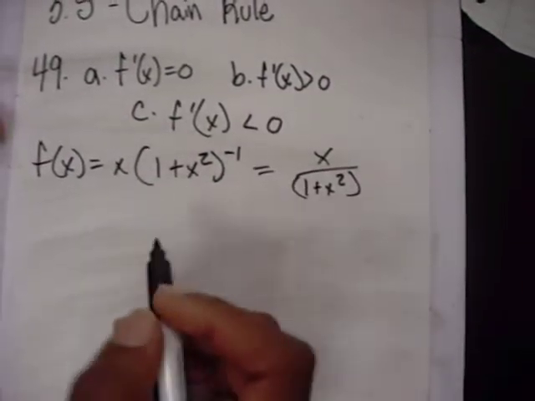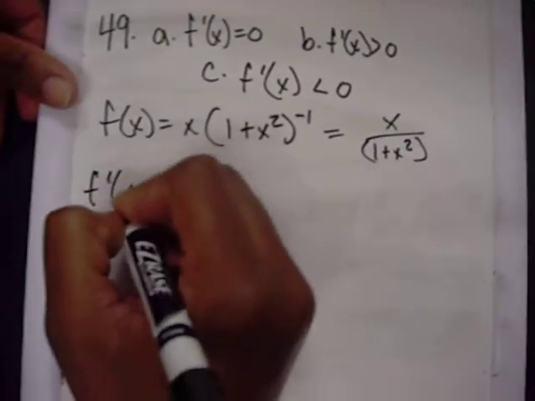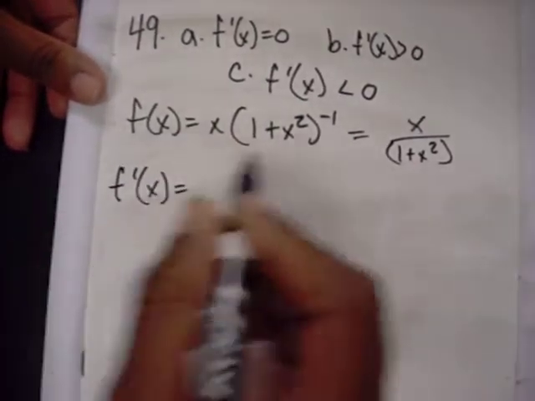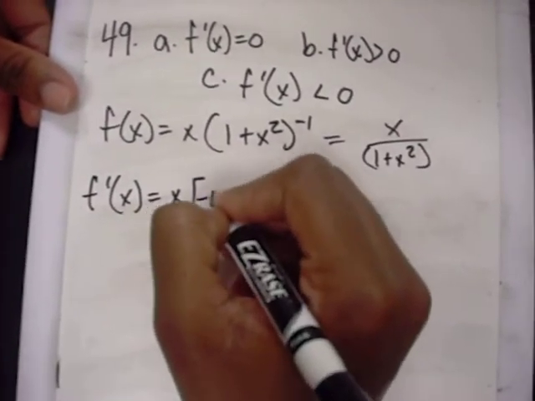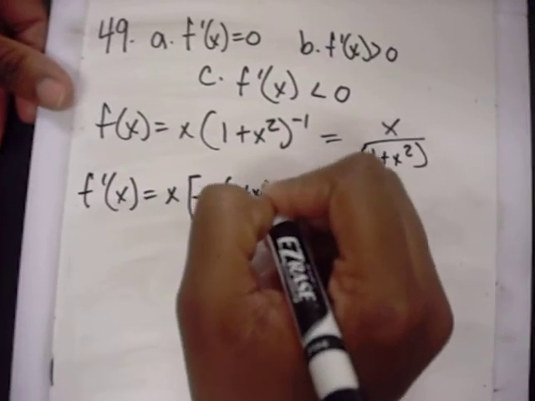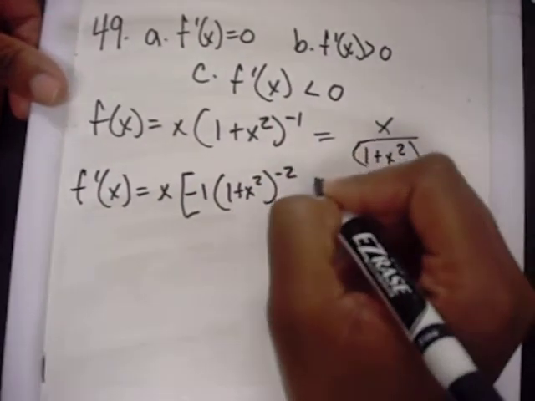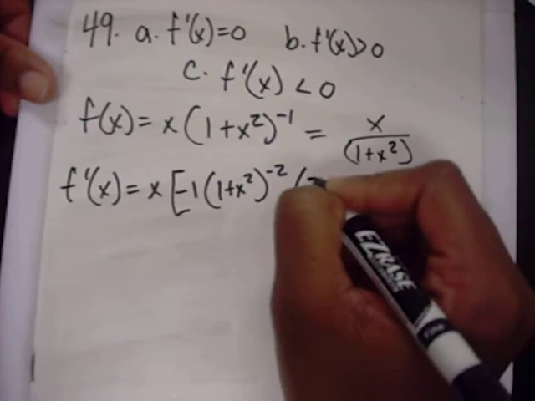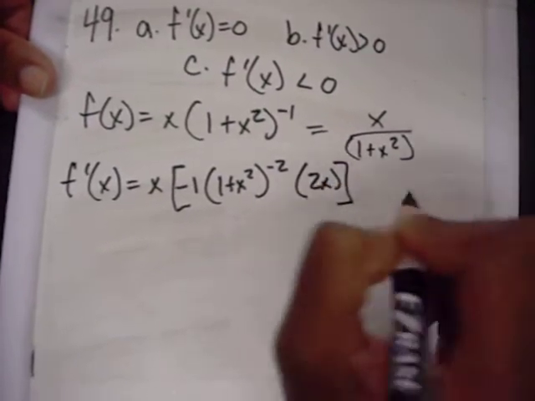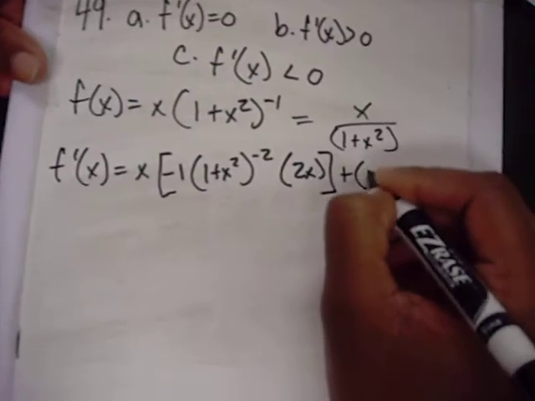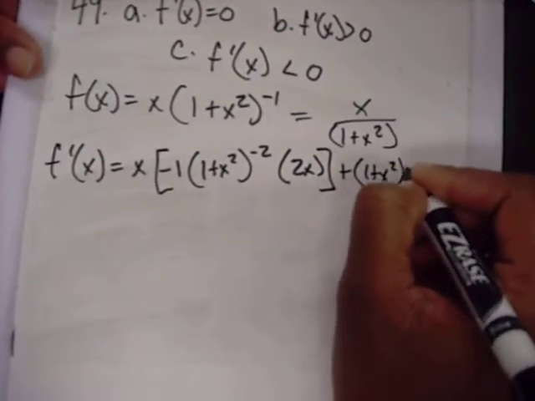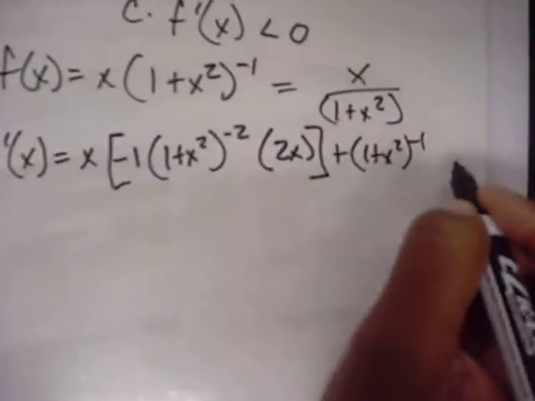So first you want to find the derivative. F prime of x is equal to, you're going to use the product rule and do the first times the derivative of the second, which is negative 1 times 1 plus x squared to the negative second, and then you use the chain rule and go inside the parentheses, and you have 2x. First times the derivative of the second plus the second times the derivative of the first, and the derivative of x is 1.